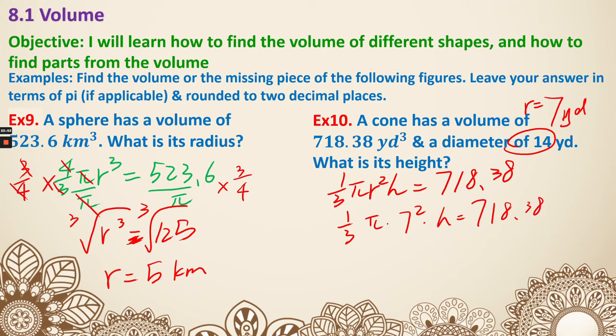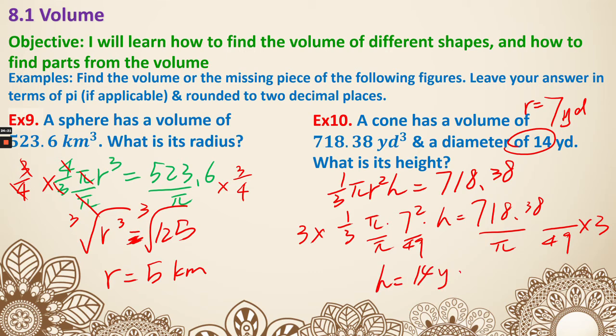So we're going to get rid of everything, get rid of the pi, get rid of the 49. And again, the 1/3: instead of dividing everything by 1/3, we're going to multiply both sides by 3. In this case, that is going to give us h equals 14 yards. That's example 10.